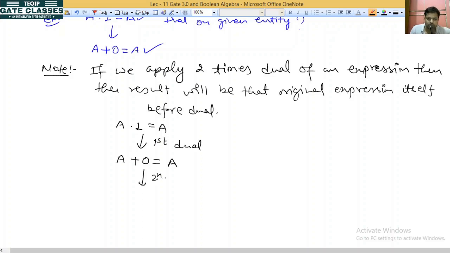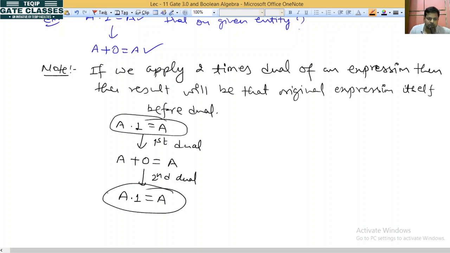Now I am going to apply the second dual, so OR will be replaced with AND and 0 will be replaced with 1. So see here, after taking dual operation 2 times, the result will be equal to the original expression.